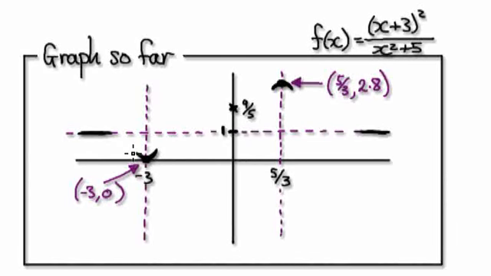So now that we know it's going to do something like this, and something like this, and it has to cross the intercept here, we can guess. Oh, by the way, it can't overshoot and then come back on itself.